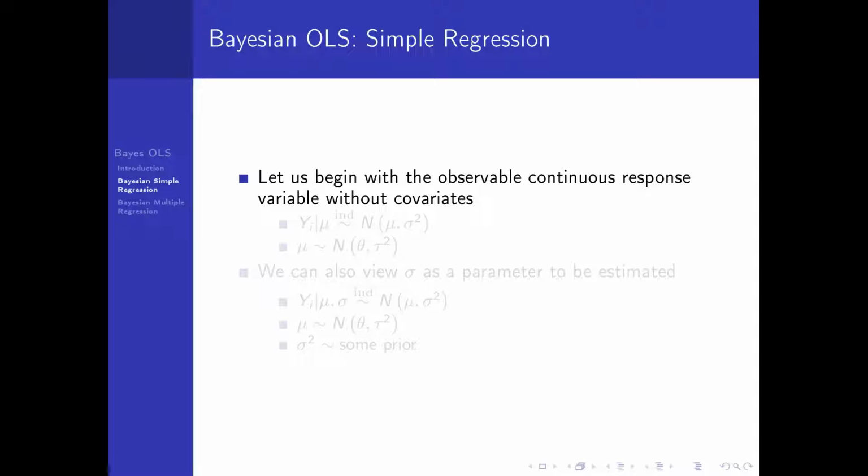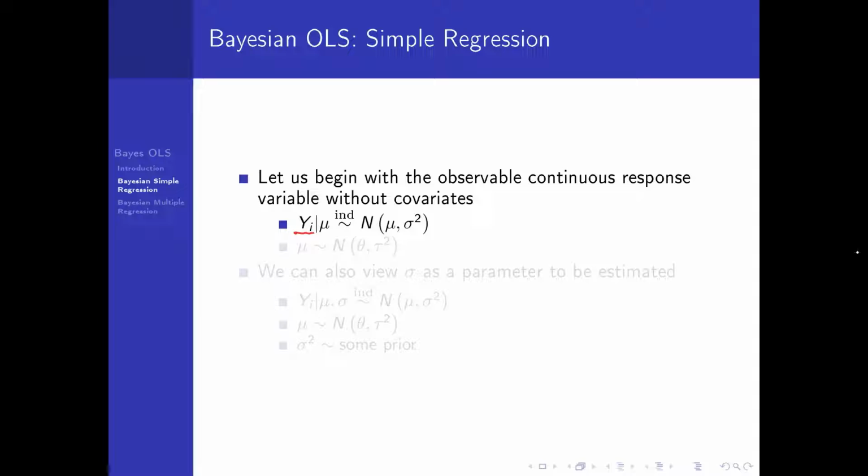What about a case in which there's no covariate? Let us begin with this very special case, this observable continuous response variable without covariates. Well, we have random variable yi, given its population parameter mu, that is its mean.